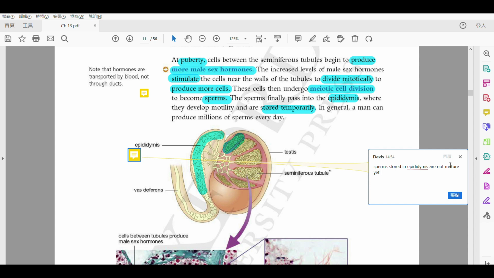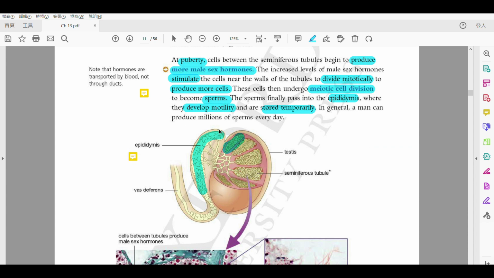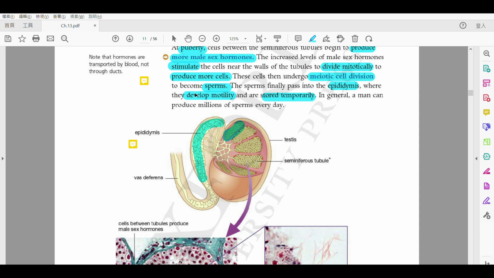How do I know? Because they need to develop their mobility. They gradually mature so that they can start moving. Then they will leave the epididymis. Each day a male can produce millions of sperms.